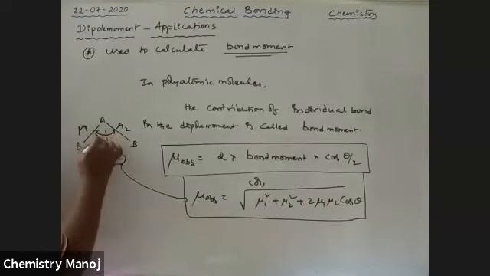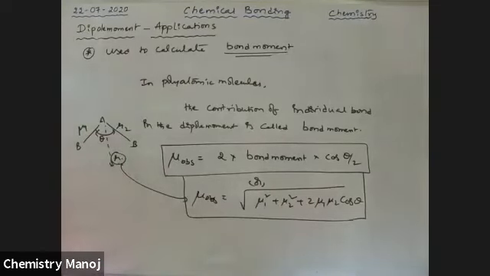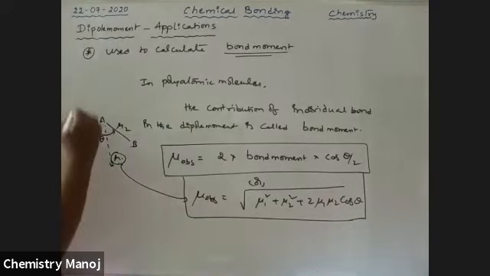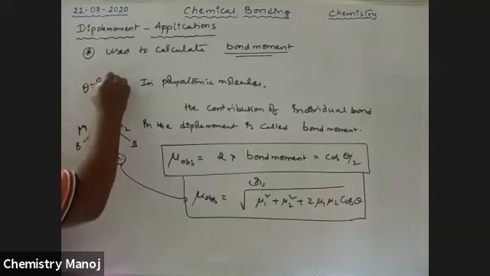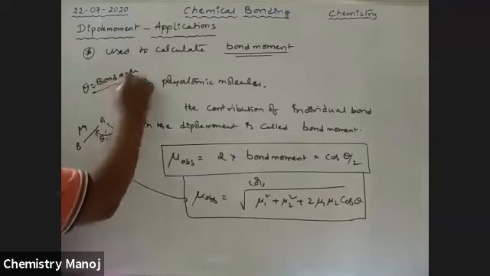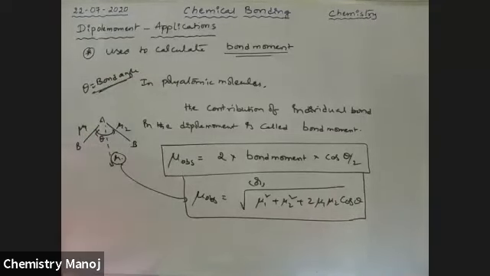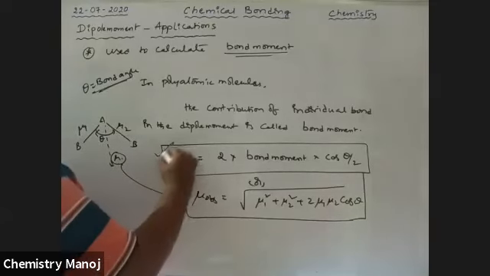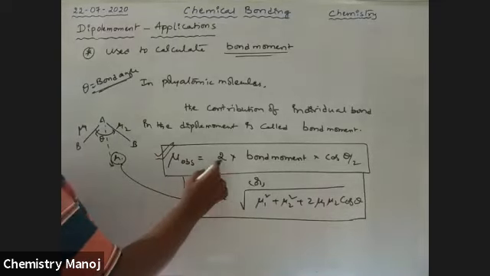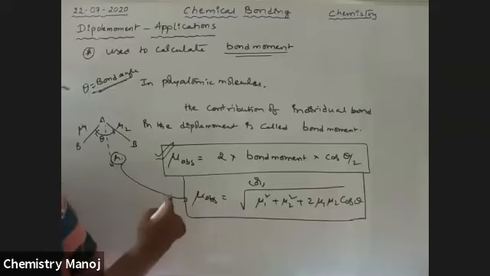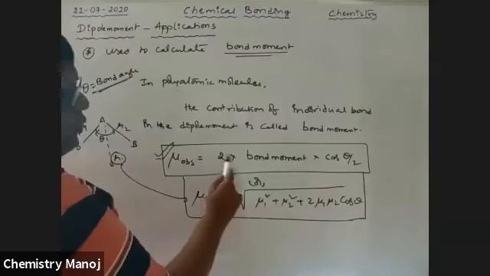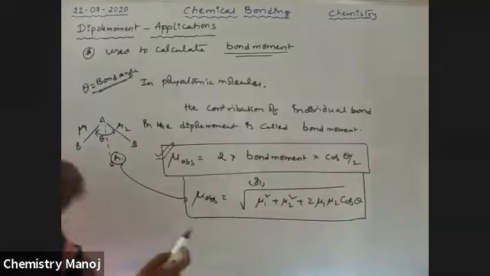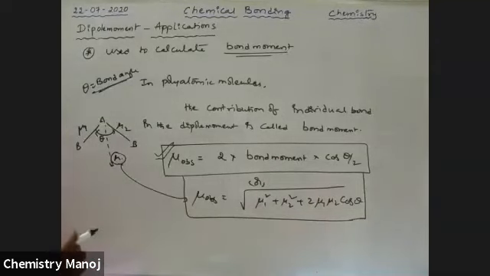Theta is the angle between them, that is the bond angle. By using this bond angle, we can calculate. This is the generally used formula: mu observed, that is the calculated, is equal to 2 into bond moment into cos theta by 2. By using this, there is a problem.